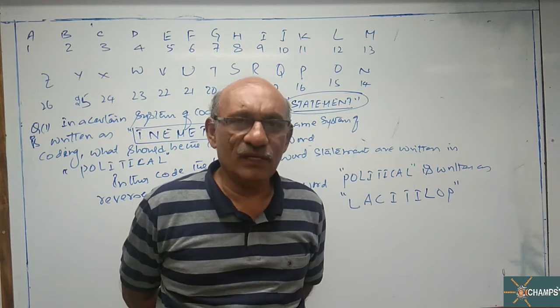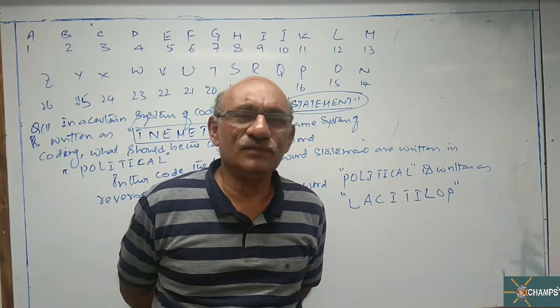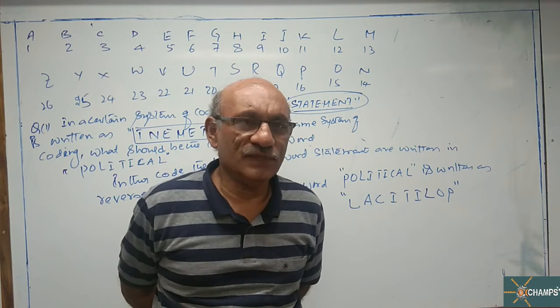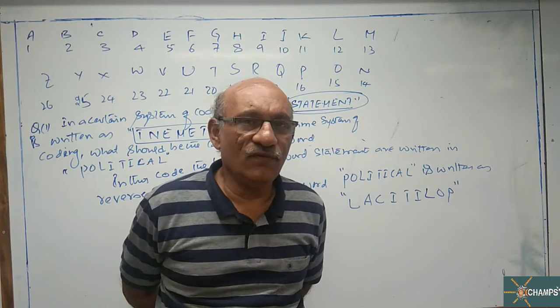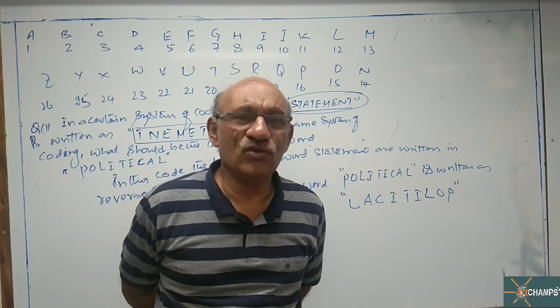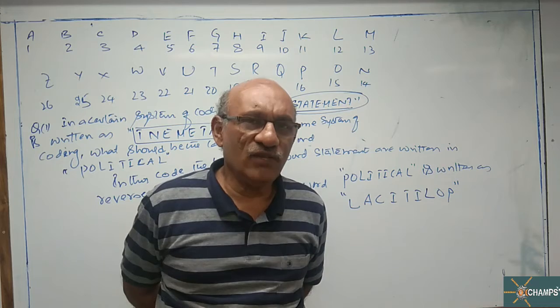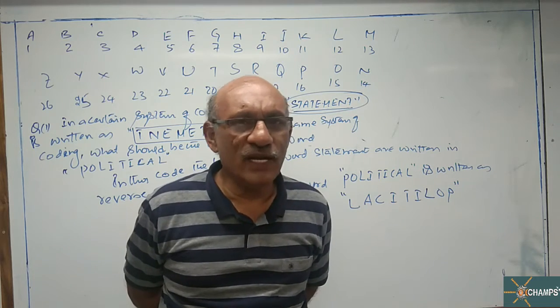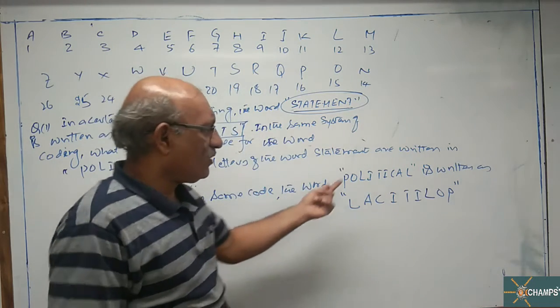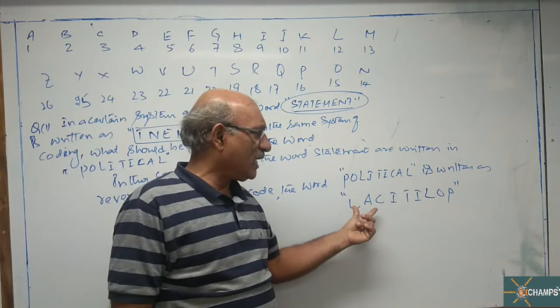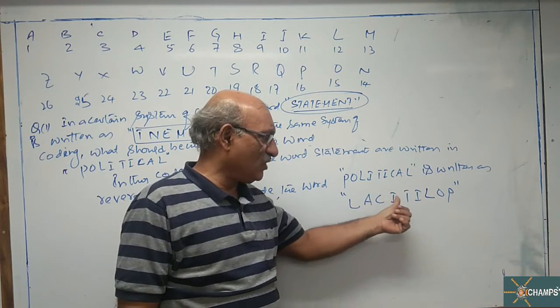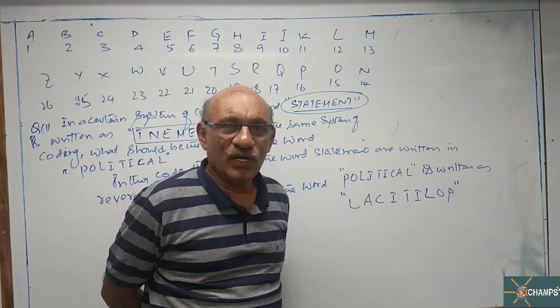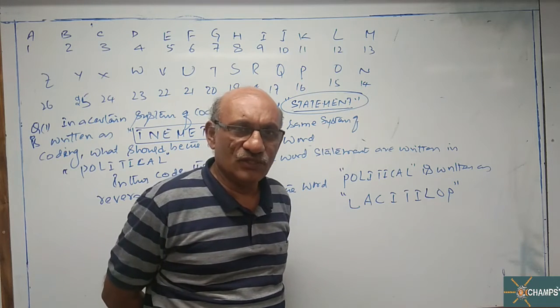How did you decode, sir? The letters of the given word are written in reverse order. That is called decoding. Once it is decoded, using the same coding and decoding, how can you write the word political? Political can be written in this manner: L-A-C-I-T-I-L-O-P. Okay, sir. This is the answer to this question. Note.